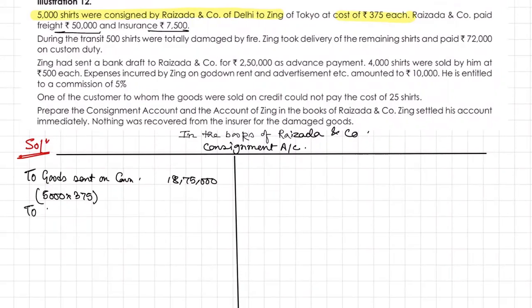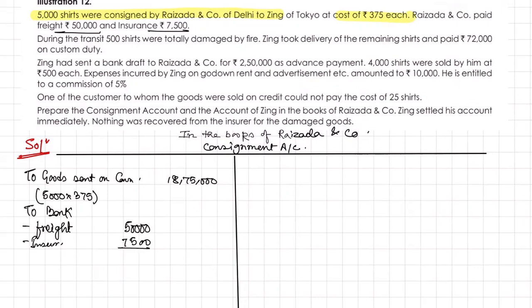To Bank, freight of 50,000. Write it in inner, you can write it at outer, no worries. Insurance of 7,500.